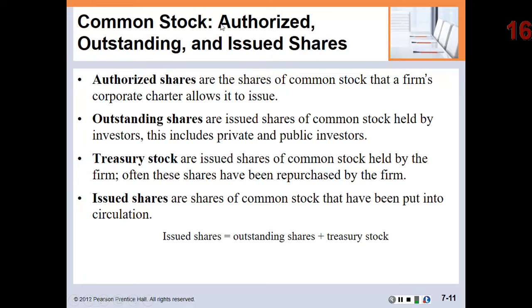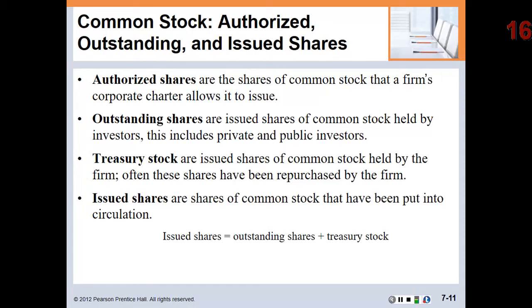These are some terms you might want to be familiar with, and most of these are pretty self-explanatory. Authorized shares are the number of shares that the firm's charter allows it to issue. So you may have some companies that have 1 million shares outstanding, some companies may have 100 million shares outstanding, and some may have 500 million shares.